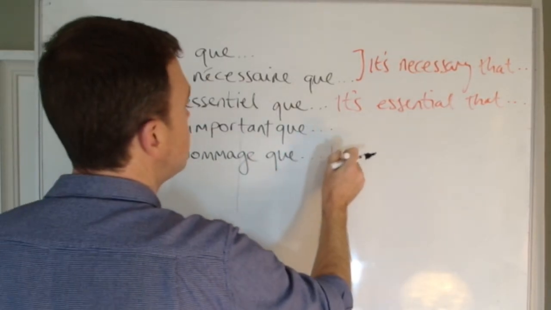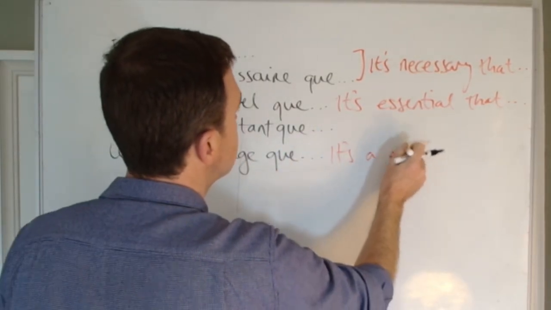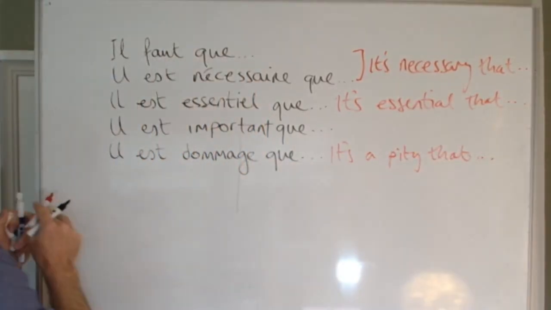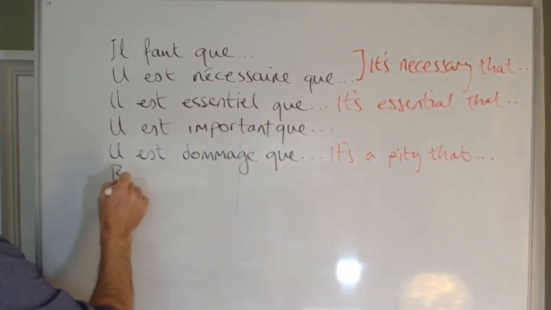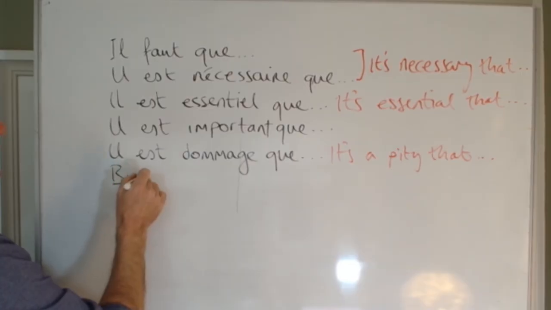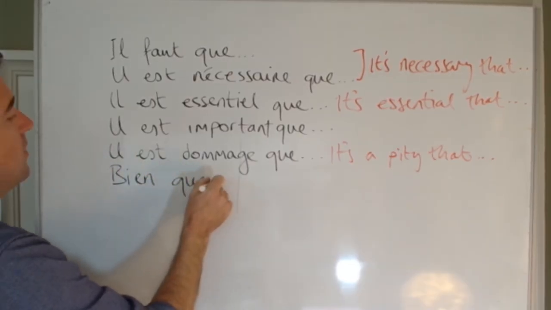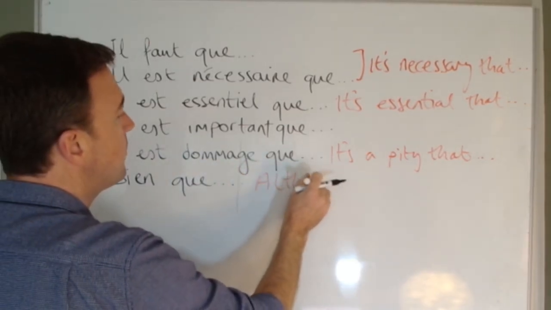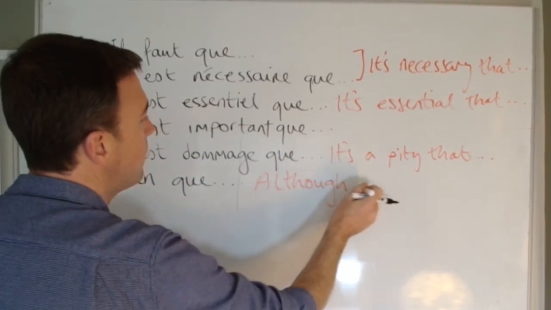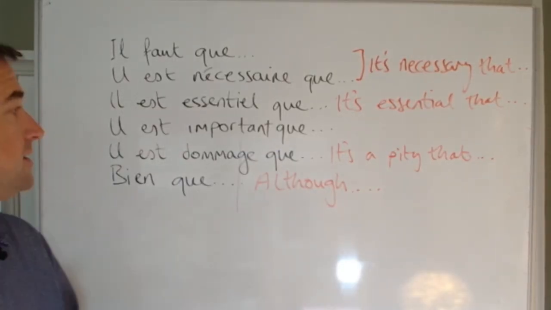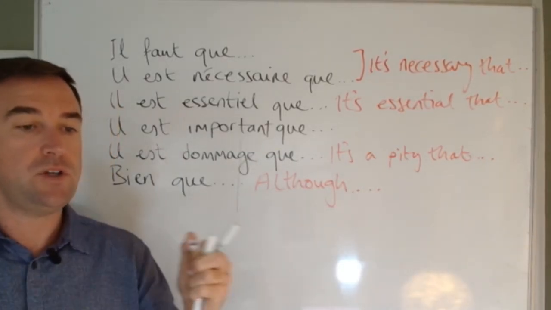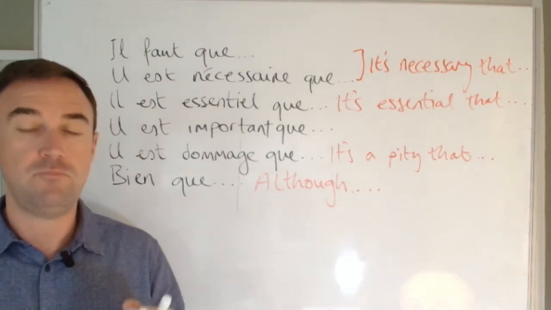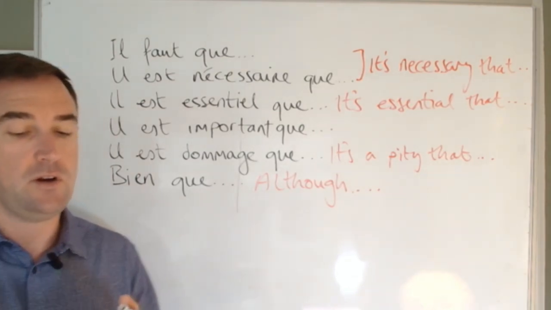It's a pity that. And I'm going to give you one final one, and we'll go with bien que. Bien que means although or even though. That's 6, and that's plenty. That's all we need. So if you jot those 6 down, that's the first part of our subjunctive: our subjunctive clauses.